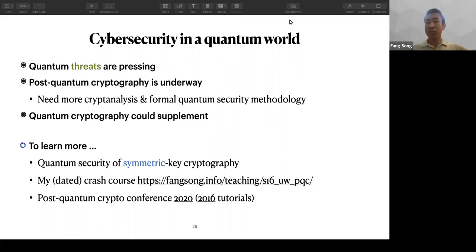For people who are not familiar with the notions P and NP, P basically means the collection of problems which can be solved efficiently, meaning in polynomial time on a classical computer. And NP is the set of problems which we can verify efficiently. We may or may not be able to solve them, but once somebody gives you an answer, you can verify it efficiently. So clearly, P is a subset of NP.